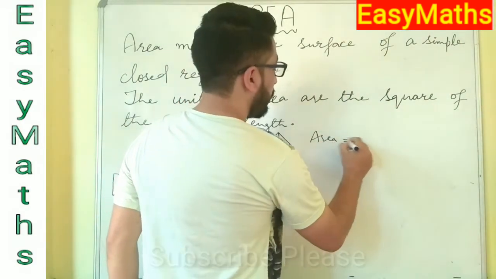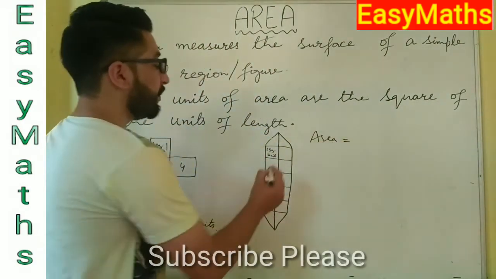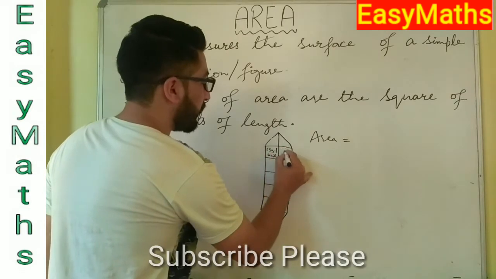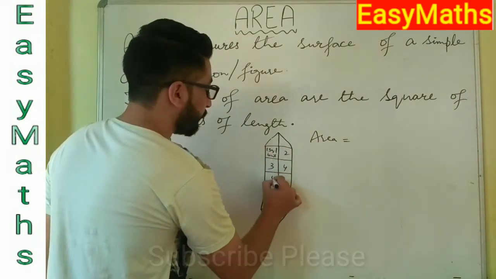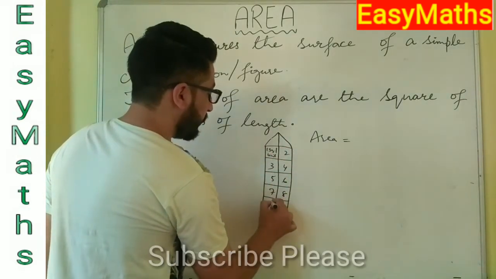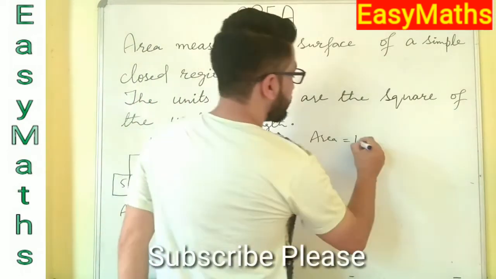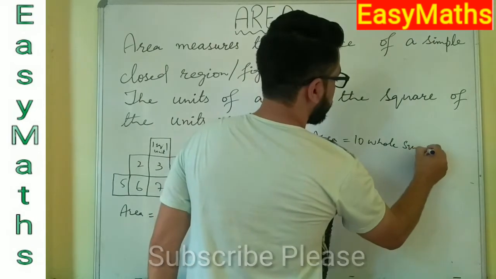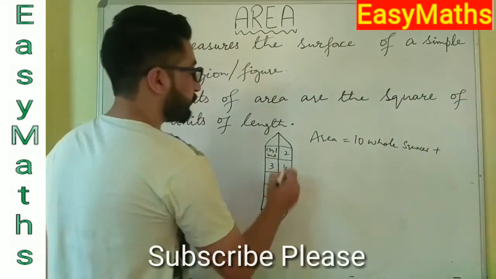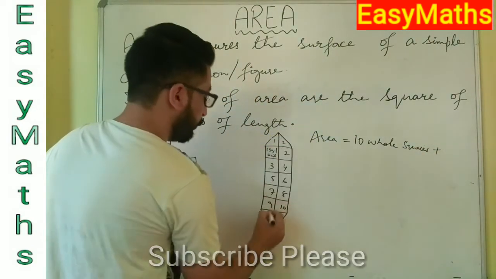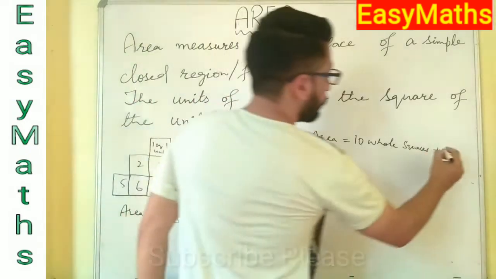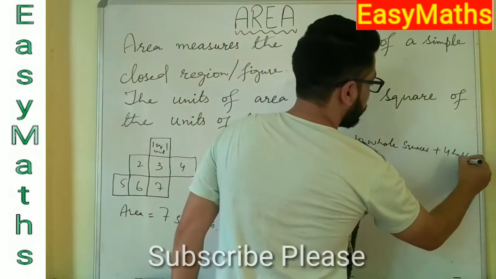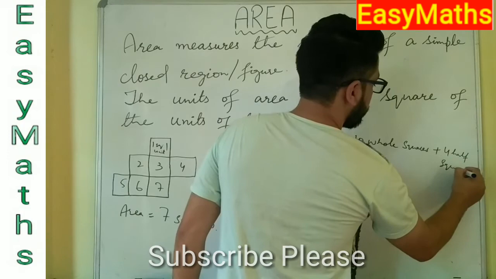Firstly we will count the squares which are whole: 1, 2, 3, 4, 5, 6, 7, 8, 9, 10. So that means 10 whole squares plus how many half squares are there? 1, 2, 3, 4. 4 half squares.